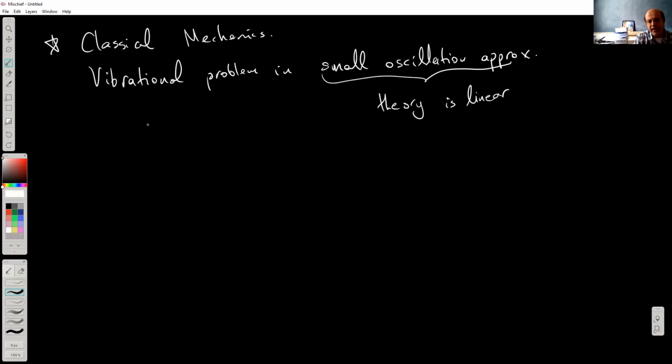Like the pendulum problem, for example, think of it like this. This is the pendulum: mass m, this is the length, this is angle theta, and so on. The equation of motion is this: mass times L squared times the angular acceleration, which is the torque, equals minus mg sine theta, right?